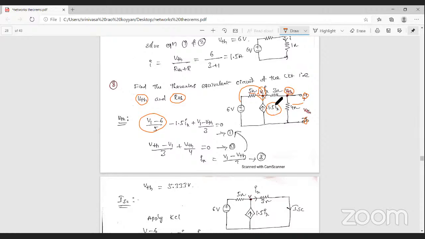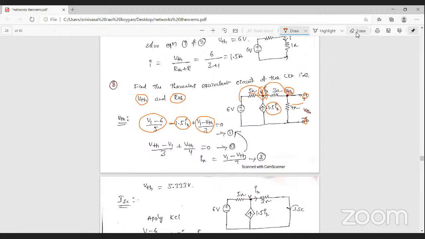What is the current value? That is 1.5 Ix. The current is entering, that's why minus 1.5 Ix. Next, the third current, let's assume it is leaving, (V1 minus VTH) by 3. So that is equation number 1.